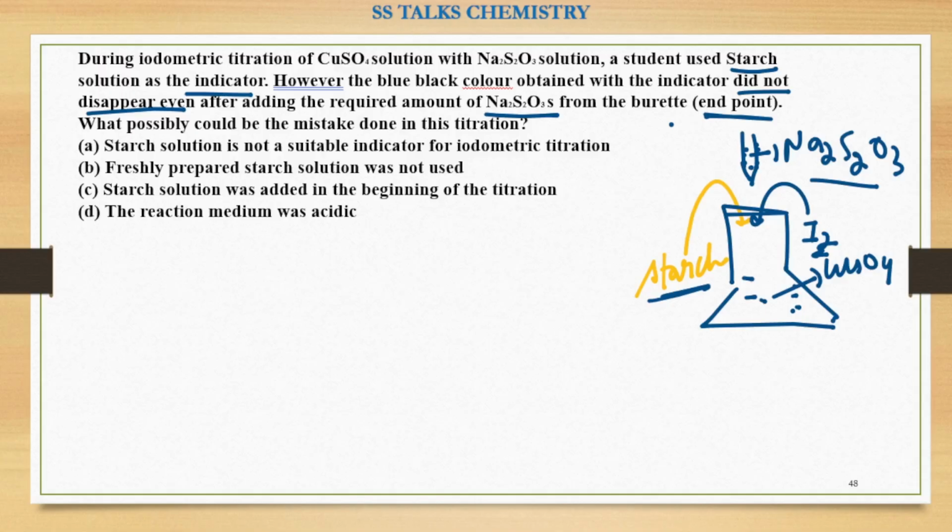So the addition of starch has to be done near the end point. Suppose you have already done some of the reaction. After some time, if you get an idea that the end point is about to be reached, at that point the starch has to be added. In the iodometric titration, starch used as the indicator forms the bluish black complex with the iodine, but it is added near the end point when most of the iodine is reduced by the sodium thiosulfate.